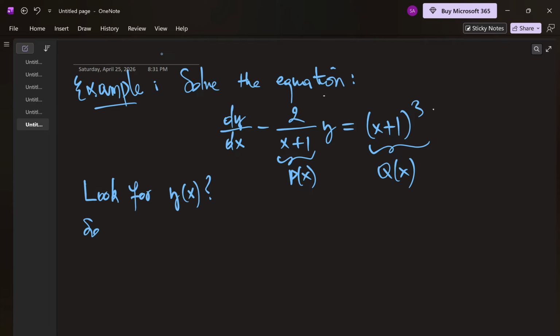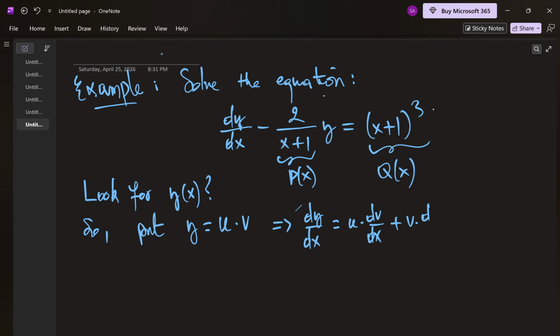So put y equal to the multiplication of two functions u and v. So what you will have is that dy over dx is simply equal to u times dv over dx plus v times du over dx.